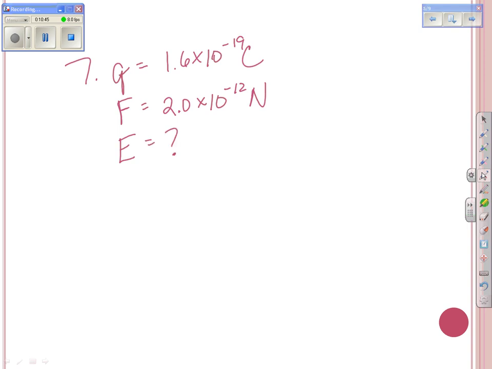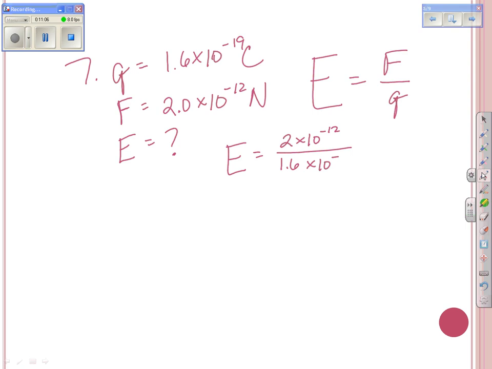Well, the formula for electric field is E equals F over Q. That's all we have to do. We were given F, we were given Q. So in order to solve for E, all we're going to do is plug in. Our F is 2 times 10 to the negative 12, and our Q is 1.6 times 10 to the negative 19th, which when we solve on number 7, it is 1.25 times 10 to the 7th.